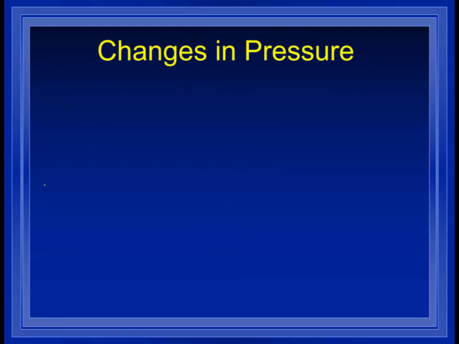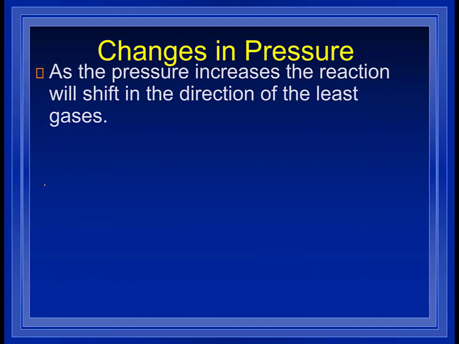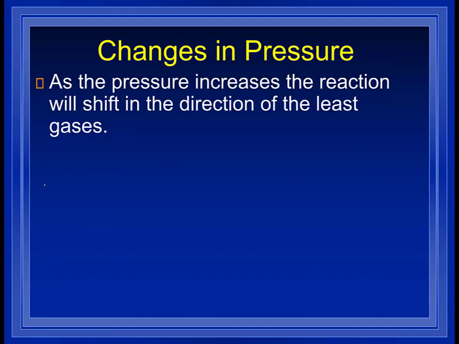The third change we can make is a change in pressure. And here, Le Chatelier says it tries to undo what you did. So if you try to squeeze it and make the pressure higher, it's going to try to lower the pressure, and the way it can lower the pressure is by having fewer moles of gas.